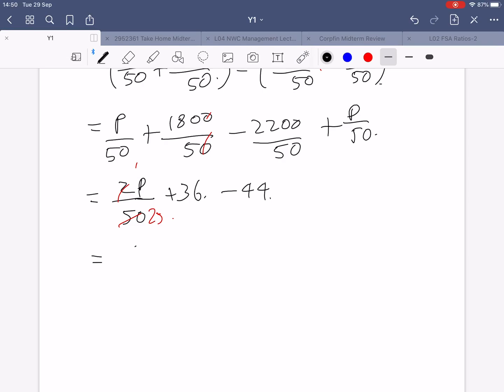So it is going to be 1 over 25 times P minus 8. So this is the excess supply rate.